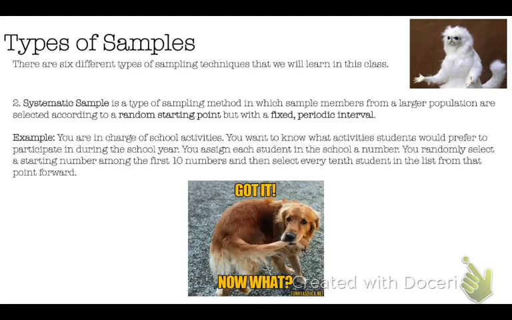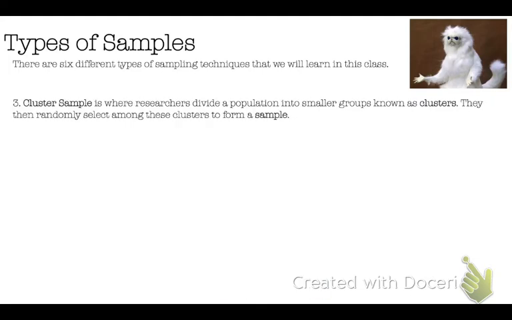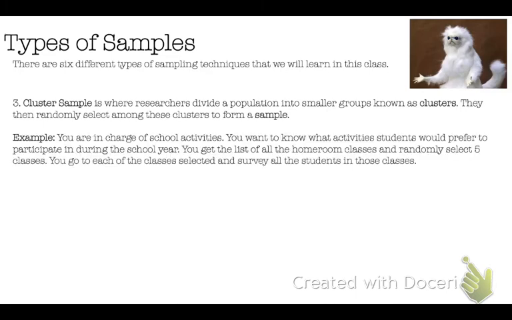Now, a cluster sample is where researchers divide a population into smaller groups known as clusters, and they then randomly select among these clusters to form a sample. So you're in charge of the activities.